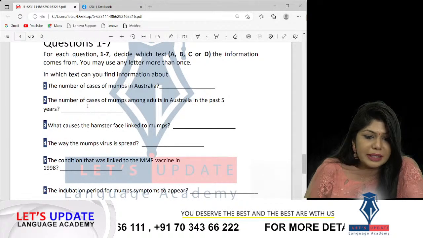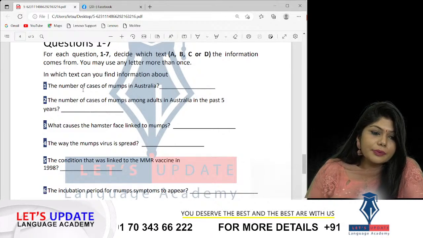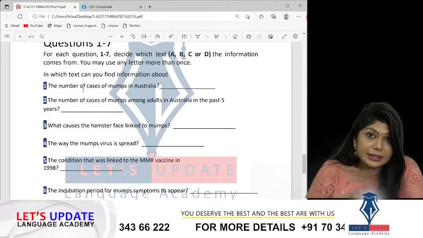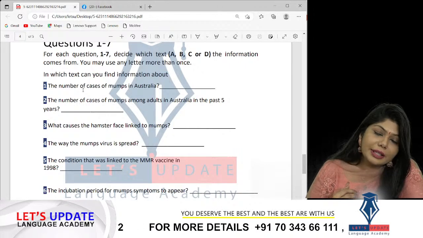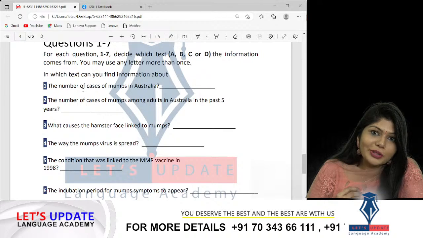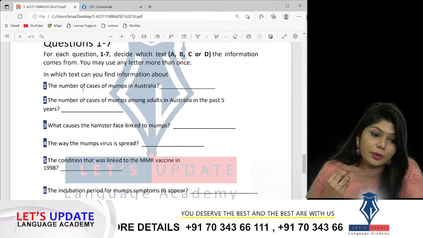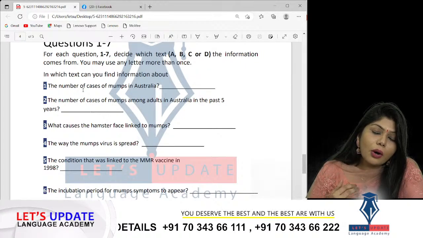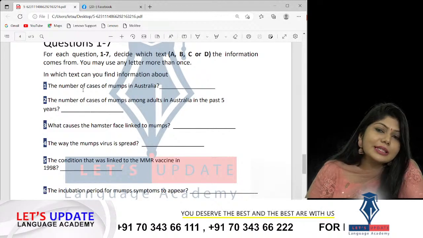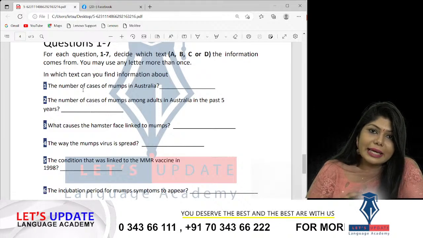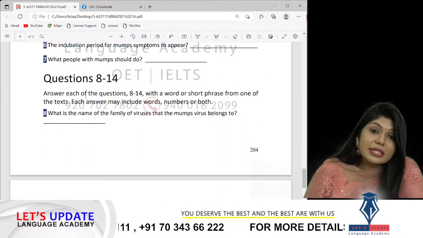It could be A, B, C or D. There will be questions and you need to identify which information is in which part of the text, A, B, C or D. You just need to indicate the section letter, whether it's A, B, C or D. So that is about questions 1 to 7.